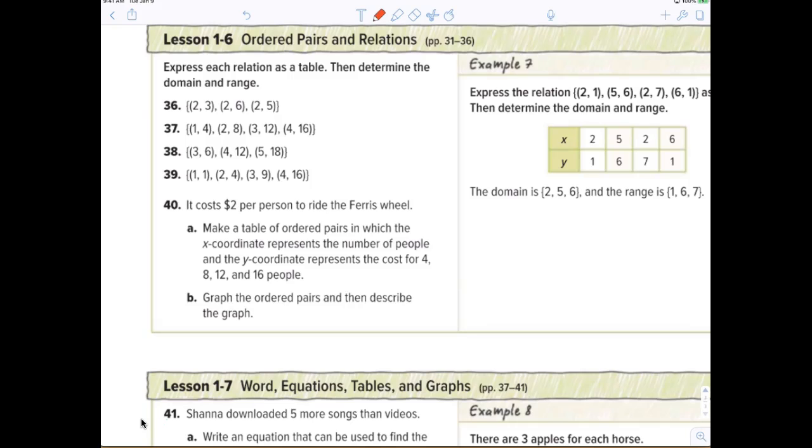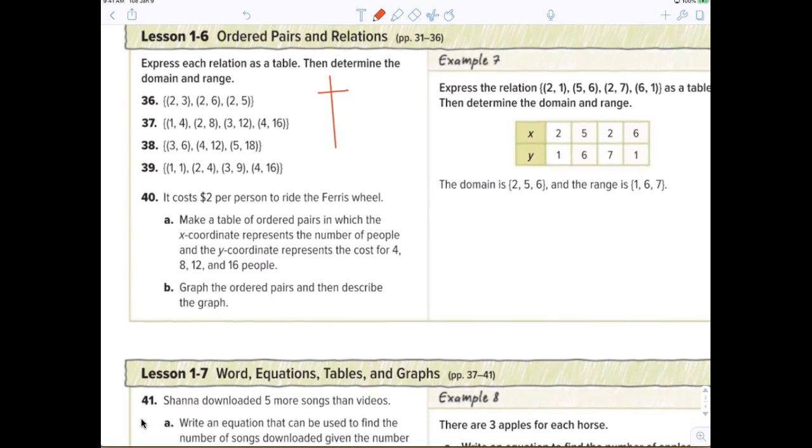So let's relax. Let's take a look now. Express each relation as a table. All right. So to me, here's how I write a table, and I'm not going to do all of these. We're just going to do one. I'm going to show you what a table is. I know everybody's done a table before. So when you make a table, you do something like this. Now the book likes it written this way. I'm more traditional where I just do it up and down.